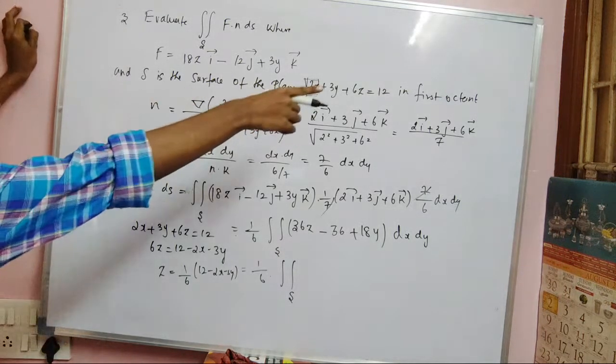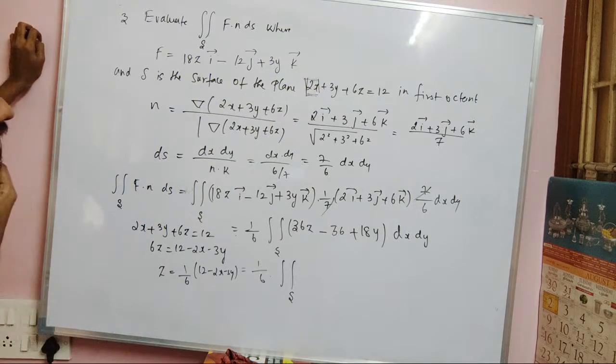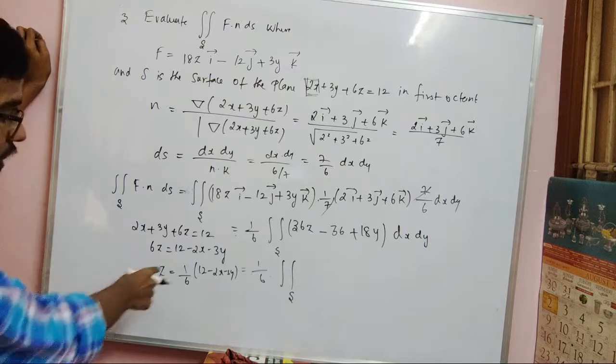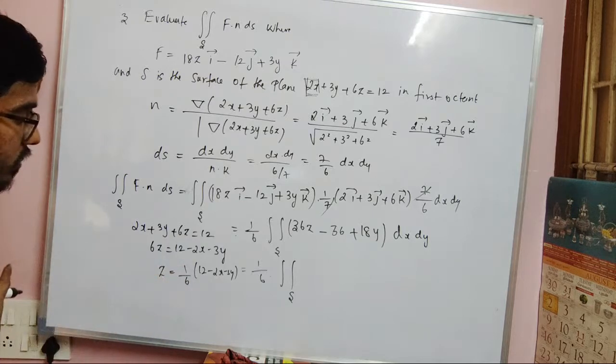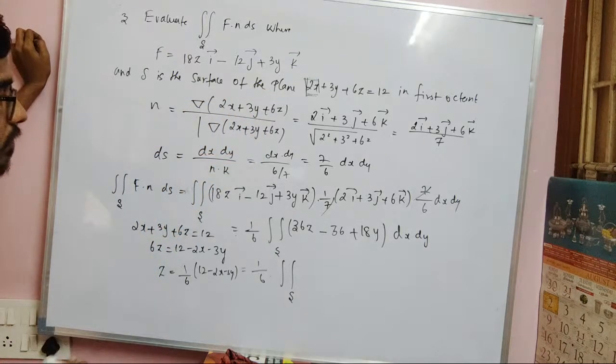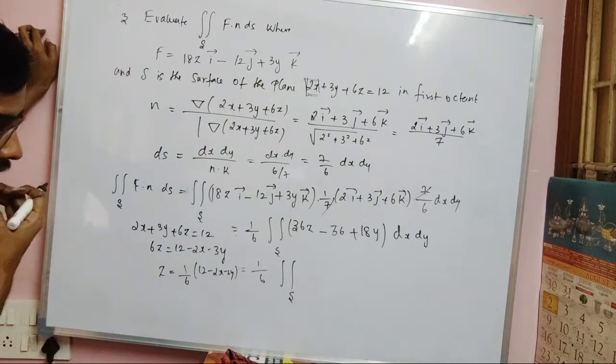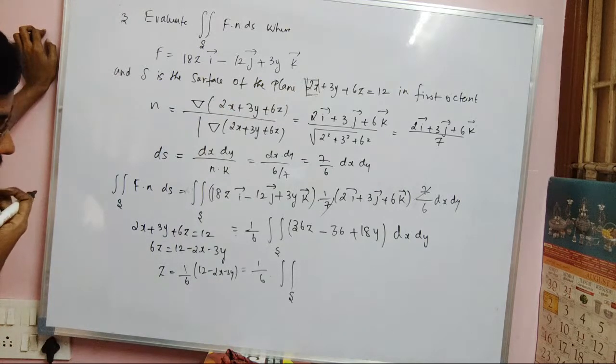Or else what we can also do is, we need to evaluate only in the first octant. In the first octant we don't have a z term, z is always 0 in the first octant, right? So we can also use that method. We don't need to write like this, because we are evaluating only in the first octant. So we can simply put z is equal to 0, that is what I think.